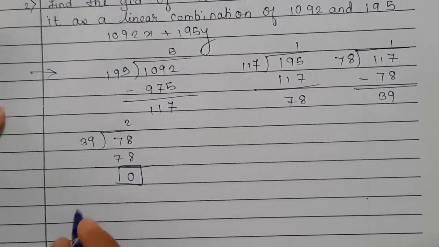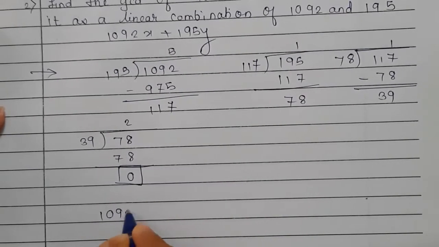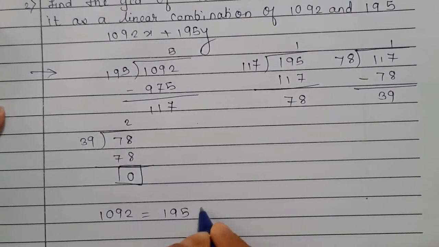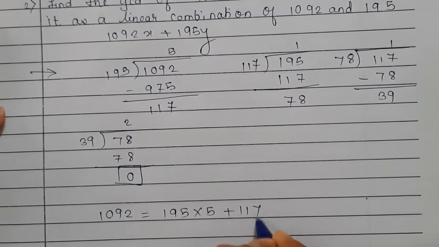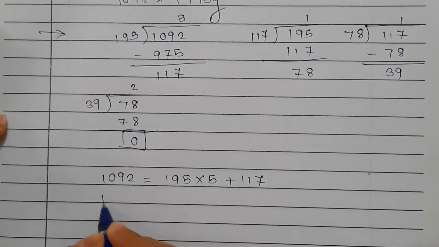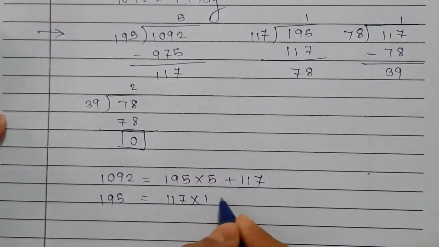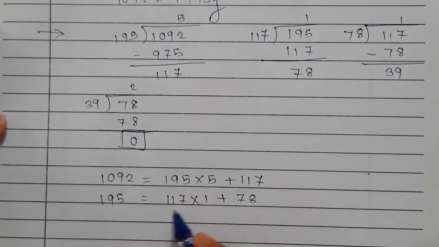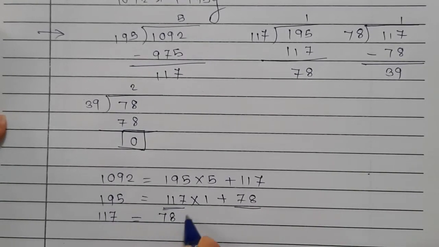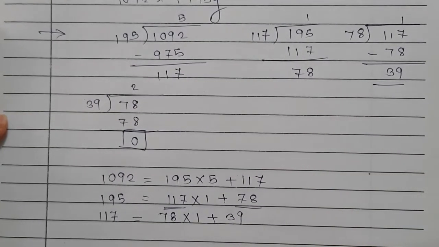We write this in equation form like we did in the last example. Here we write 1092 is equal to 195 into 5 plus 117. Second, 195 is equal to 117 into 1 plus 78. Now we write 117 is equal to 78 into 1 plus the remainder 39.